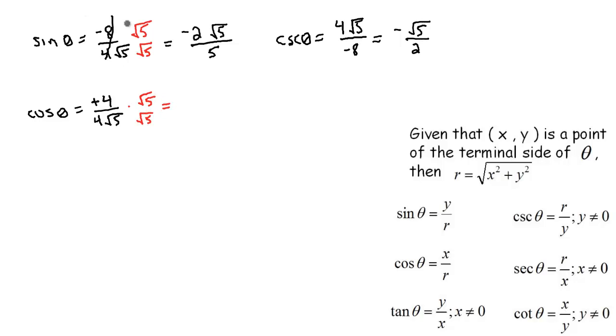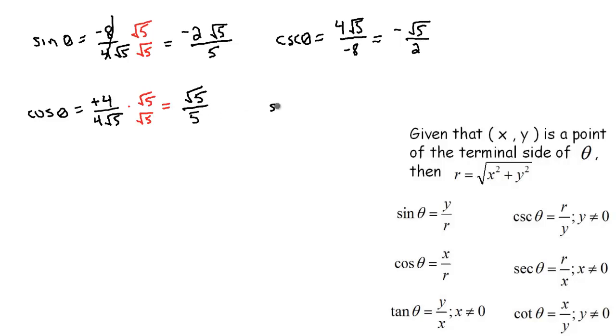And then that will equal 4 over 4, which reduces to 1 over 1, so that cancels out. Then the square root of 5 times the square root of 5 on the bottom just becomes 5, and then we have the square root of 5 on top. So that's going to be cosine.